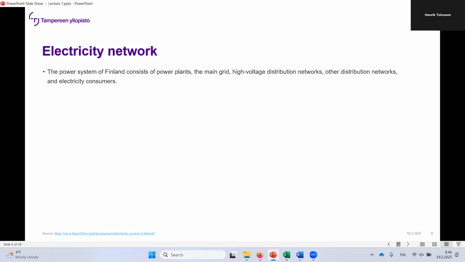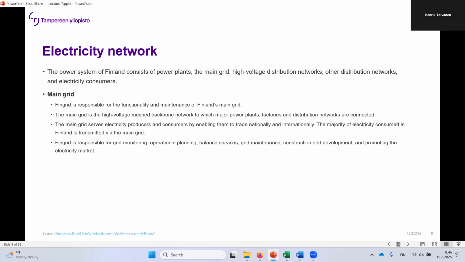What else? So power system, power plants, main grid, high voltage distribution network, other distribution networks, and electricity consumers. Fingrid is the responsible party for the functionality and maintenance of Finland's grid.